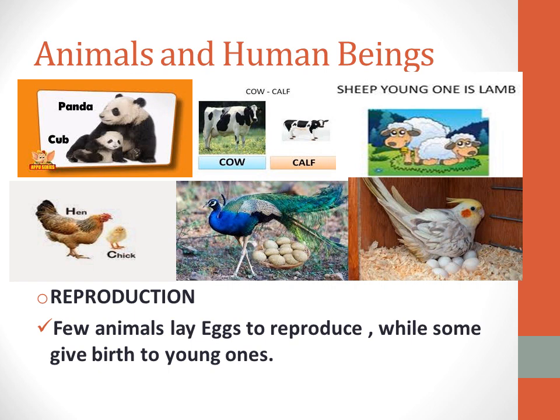For example, a cow will give birth to a calf, a panda to a cub. Likewise, animals will reproduce by giving birth to young ones, and a few may lay eggs to reproduce.